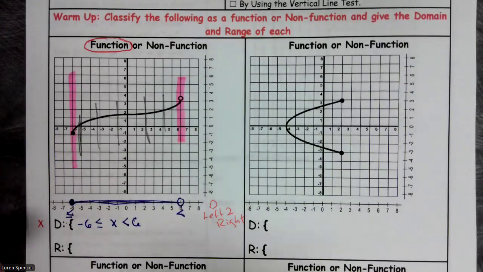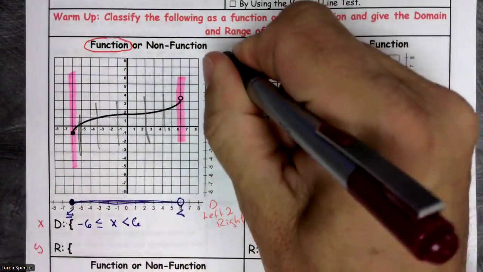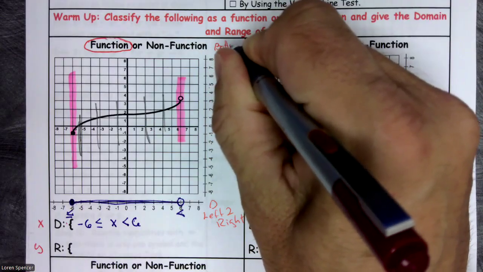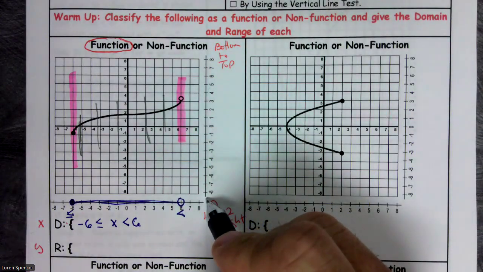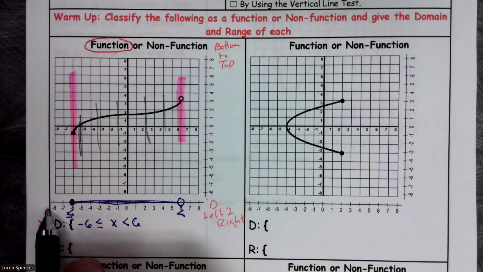Our range, on the other hand, is our y values, and range is bottom to top, because we're always going from the smallest number, the negatives, to the positives, negative to positive every single time.